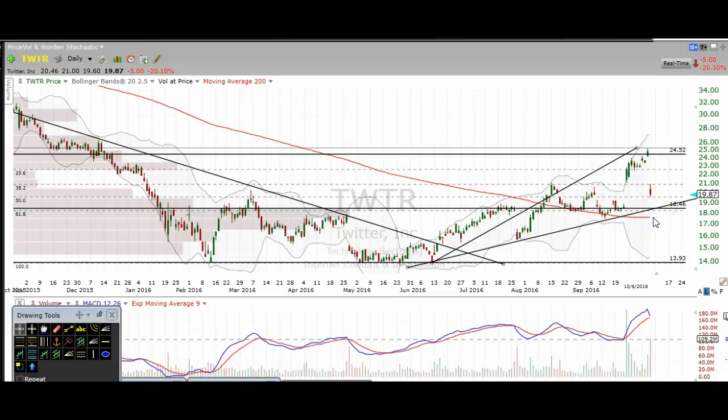So several reasons to think that Twitter gets a bounce here. And keep in mind, we have a big gap up here that may want to fill. So just be aware of that. Playing the chart here, no news involved in my decision making at all. It worked out before, and hopefully it'll work out again.